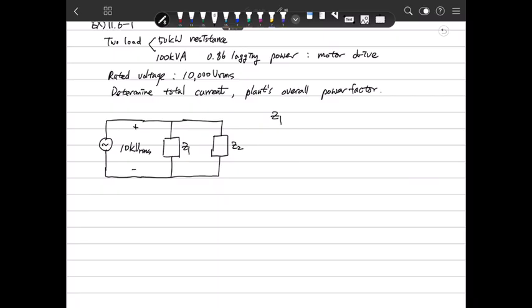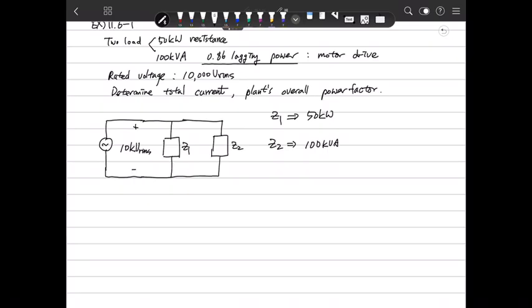The G1 consumes the power of 50 kilowatts. This is purely the active power. And G2 consumes 100 kVA. I mean they are lagging power.